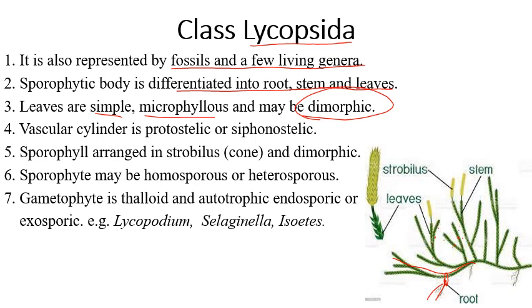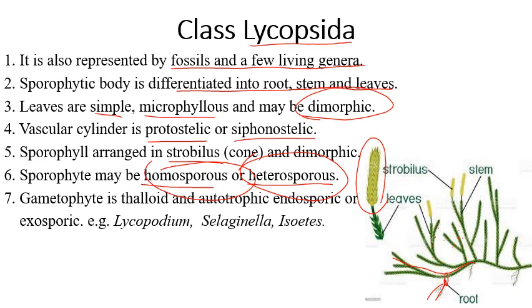Vascular cylinder is protostelic or siphonostelic. Sporophylls are arranged in a strobilus. In this strobilus you can see where the sporophylls are attached. Sporophyte may be homosporous or heterosporous. Both kinds you will get. Homosporous means same kind of spores, and heterosporous means different kinds of spores, male and female spores are different.